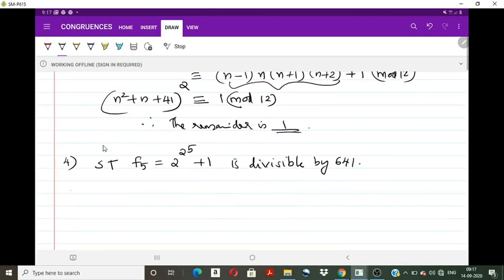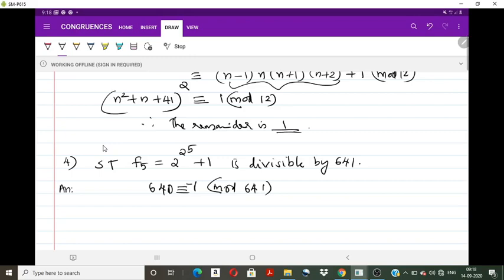First we notice that 641 is congruent to 0 modulo 641. So minus 640 is congruent to minus 1 modulo 641.